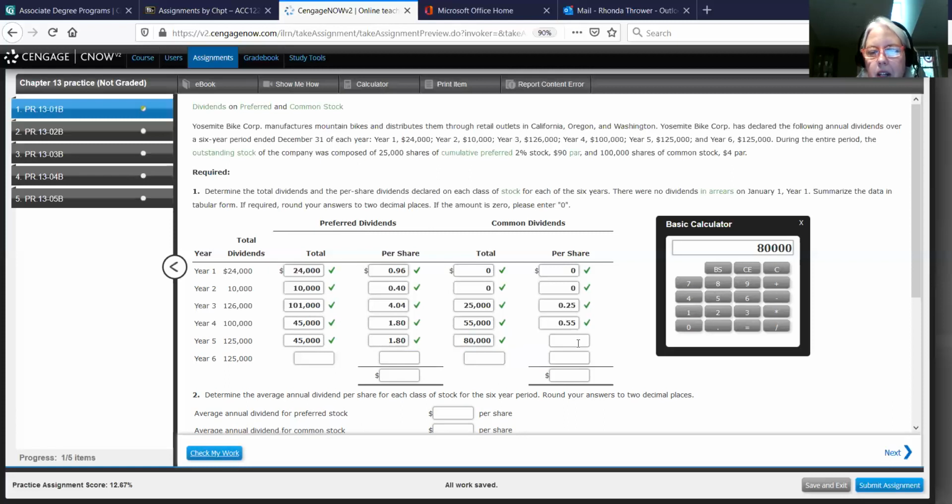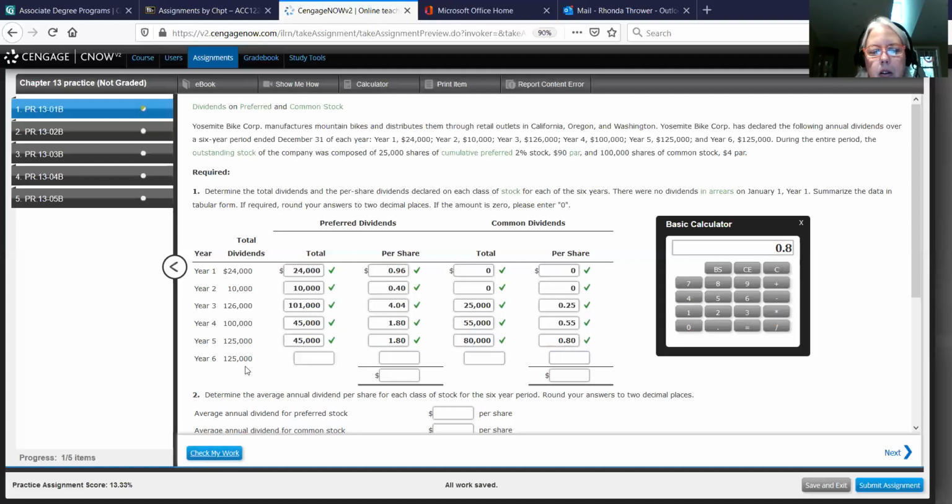To get the dividends per share, we're going to take $80,000 and divide it by our common stock shares outstanding, which was 100,000. And that will give us 80 cents as the common dividends per share.